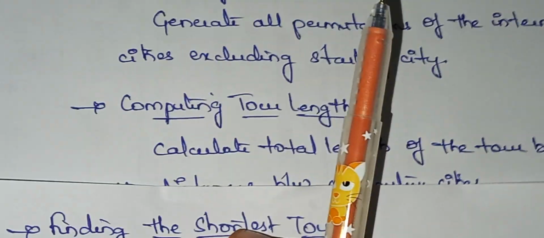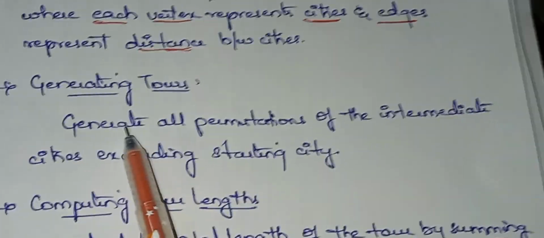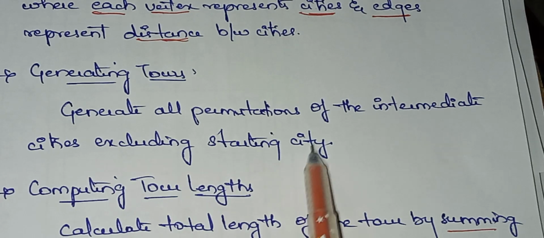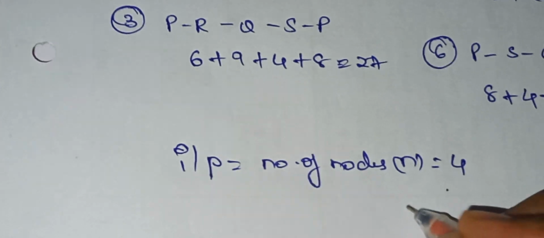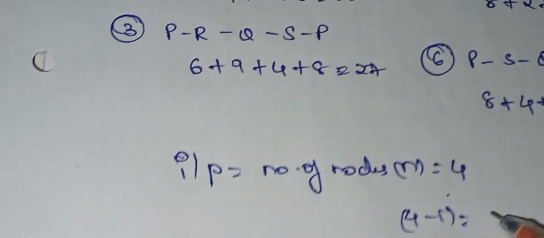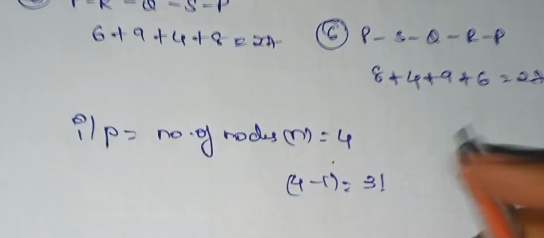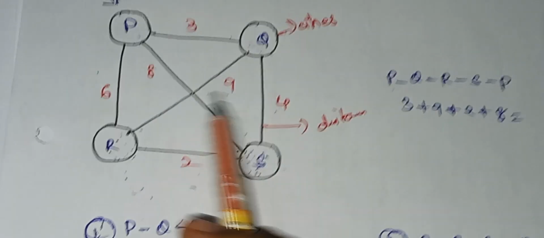So we have a point in our algorithm which says to generate all permutations of the intermediate cities excluding the starting city. Excluding the starting city, I am subtracting 1. So 4 minus 1, which is 3 factorial. So I am excluding one city out of 4, which means that I am traveling across 3 cities.